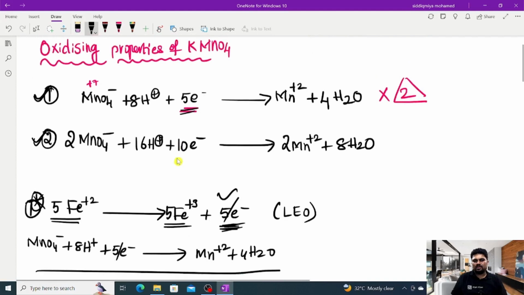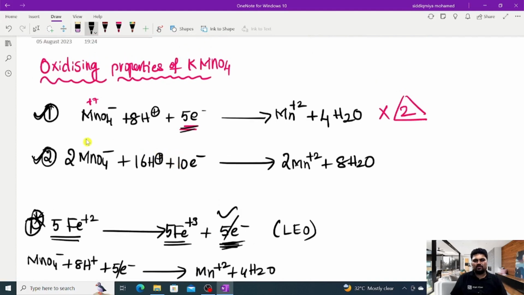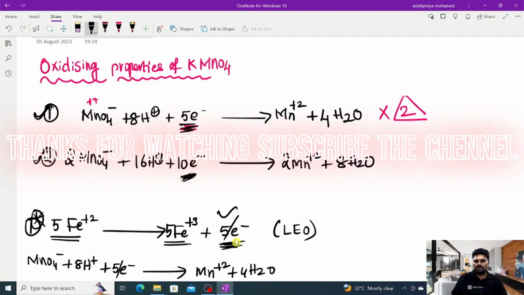KMnO4 acts as an oxidizing agent, meaning it undergoes reduction and gains 5 electrons. So for balancing, 10 electrons will be added here. Now we also have to learn this equation. Whenever you get a 10 electrons equation, you have to add this one, and for a 5 electron equation, you have to add this one. I think you have understood this concept.